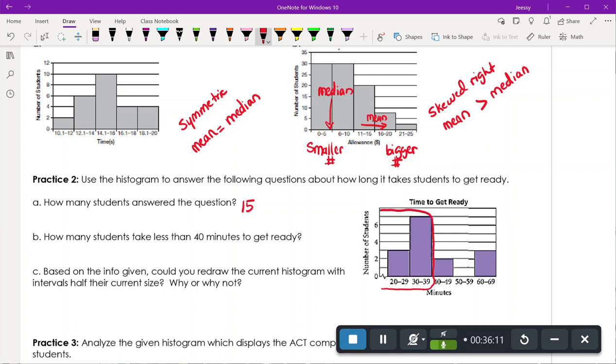So it's just these right here, 10. Based on the information given, could you redraw the current histogram with intervals half their current size? No. Because we don't have information.